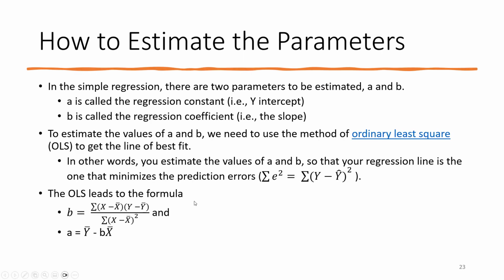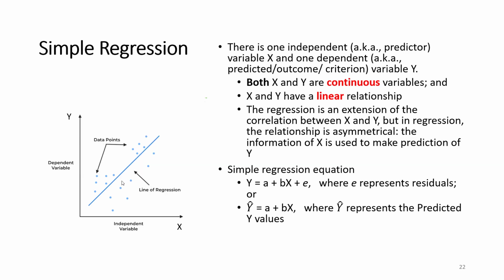In order to write a regression equation, you need to estimate the values of a and b. If you remember from EDPR 8541, the method to estimate the value of these two parameters is called ordinary least square. The rationale is that given a scatter plot that shows the linear relationship between the dependent and the independent variables, there could be many different straight lines going through the data points.